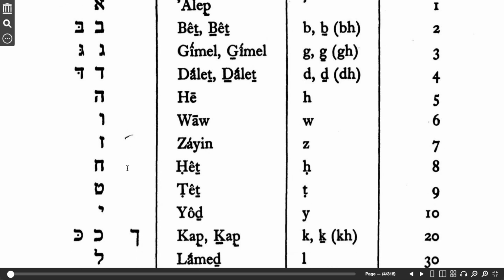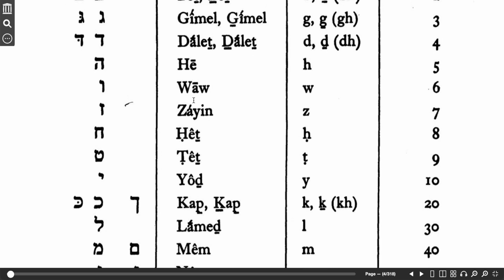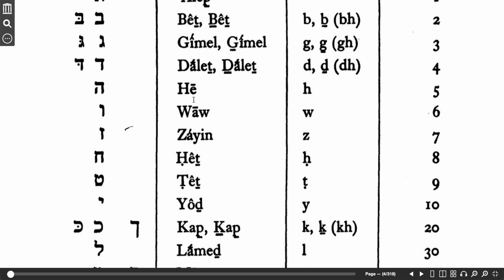Let me see if I can just blow this up a little bit more. There we go. So the next letter is, some will say wav or some will say vav. The name of the letter is either waw or vav, and you can go your different ways. I learned it as vav, but technically it's W-A-W. You can see what it looks like in its script form.